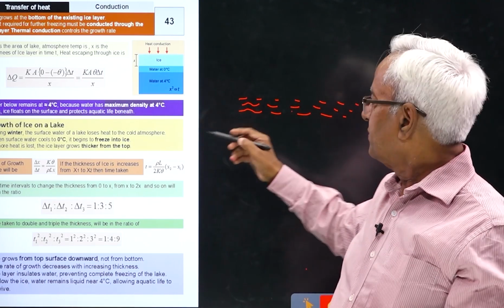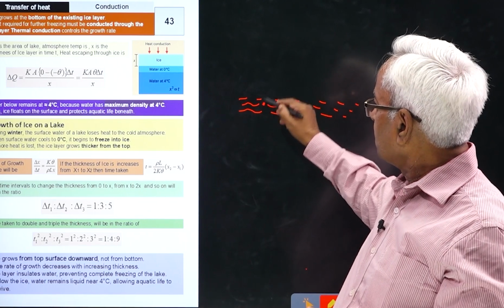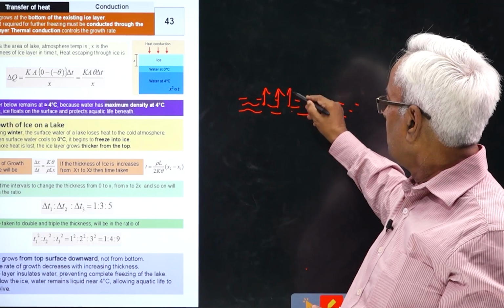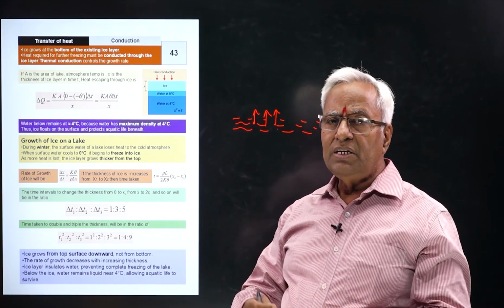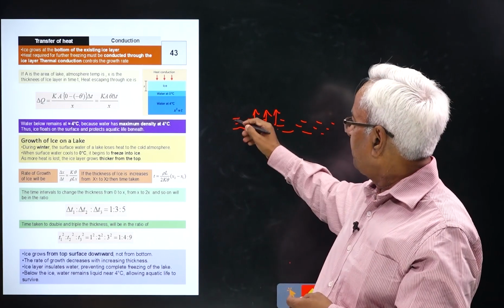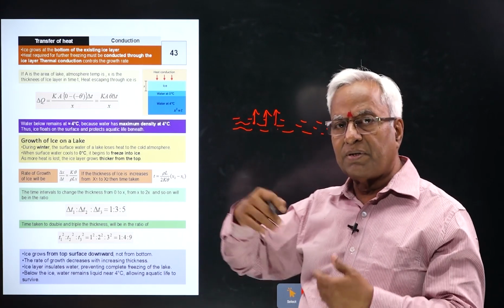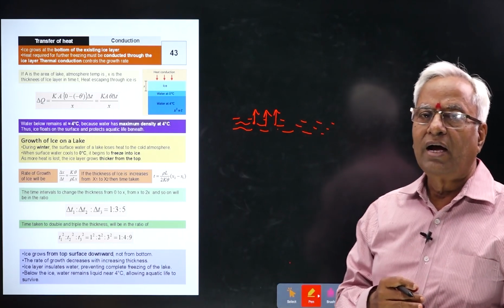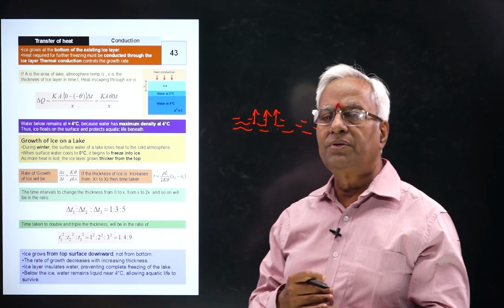Now, what happens? The water is comparatively hot, so heat transfer takes place from water to air. The heat regularly gets transferred to the air and the freezing will start, because ultimately the temperature above has gone below 0, and for water the freezing point is 0.